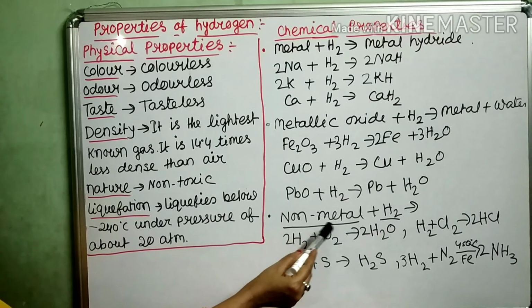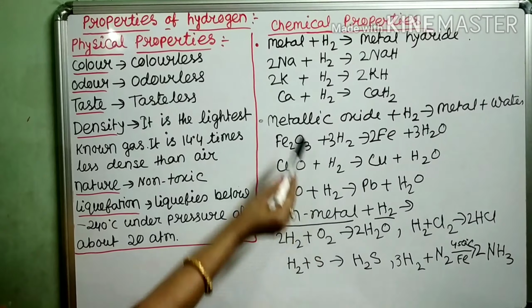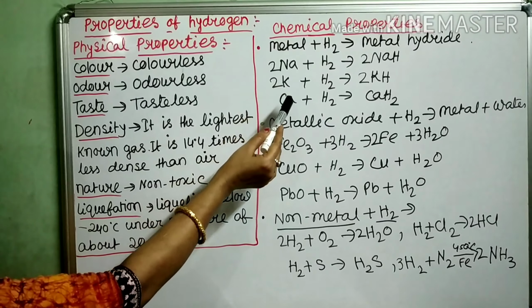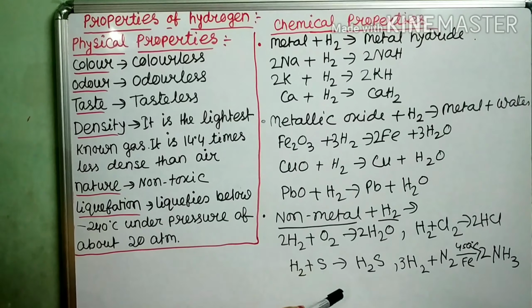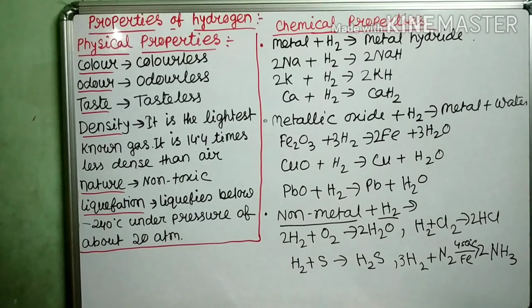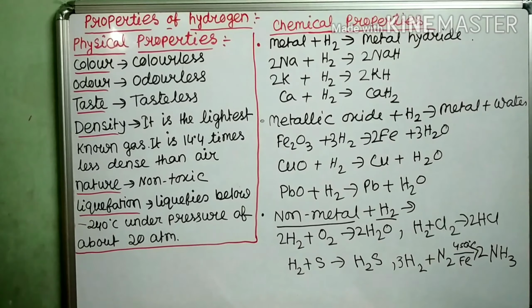This is known as the Haber process. See the balanced equation here too. The reaction is non-metal plus hydrogen, and this reaction is metal plus hydrogen. These are the chemical properties of hydrogen. This is for today. Thank you.